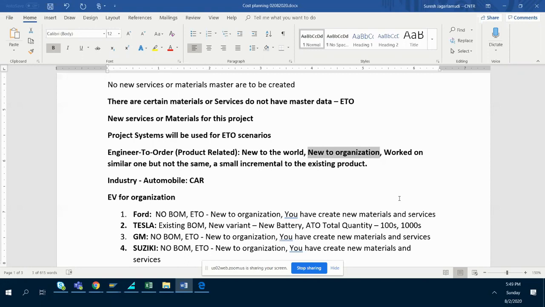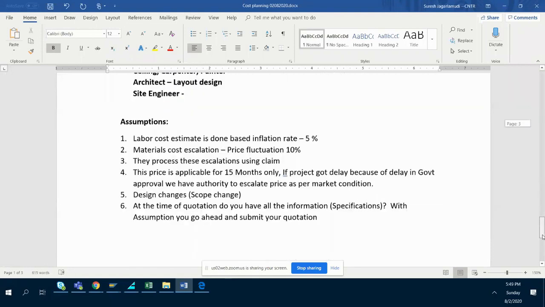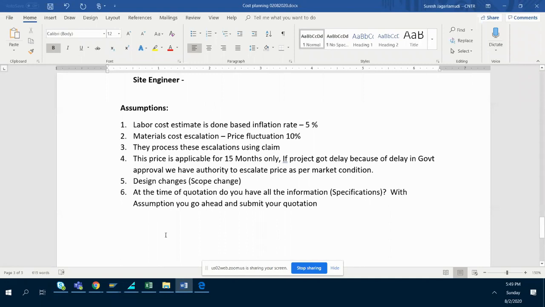Correct. Suppose take an example of construction. Suppose earlier we have experience with a 5-story building. Now we are going for a 25-story building. Now tell me, do you know how to construct a 25-story building?